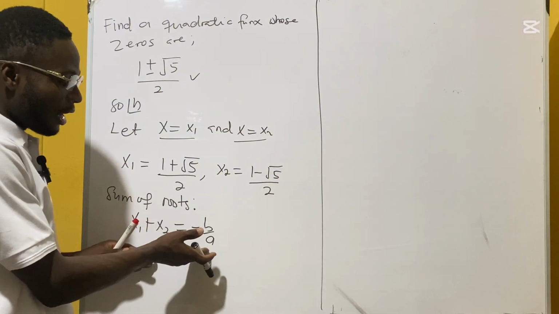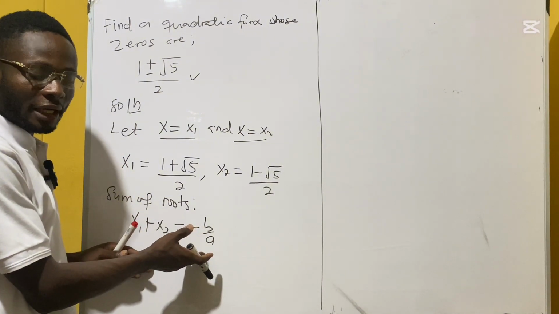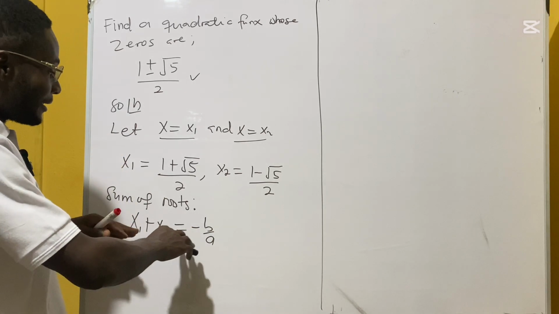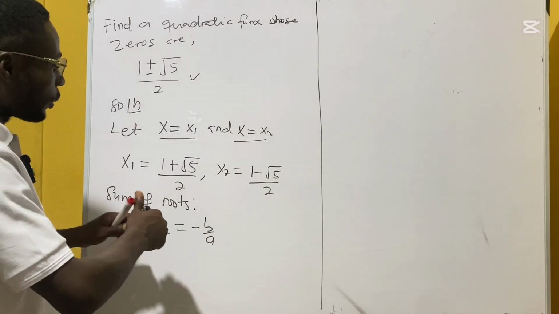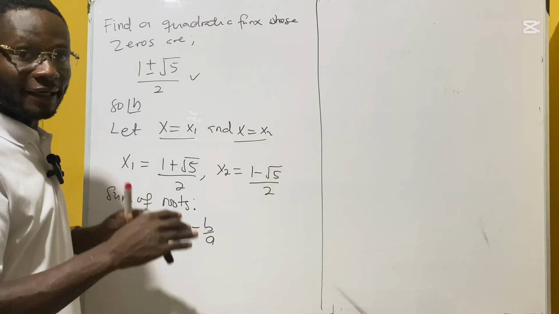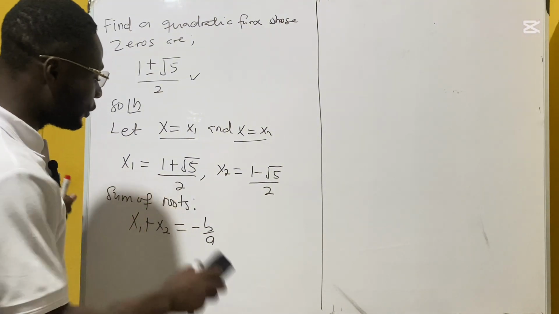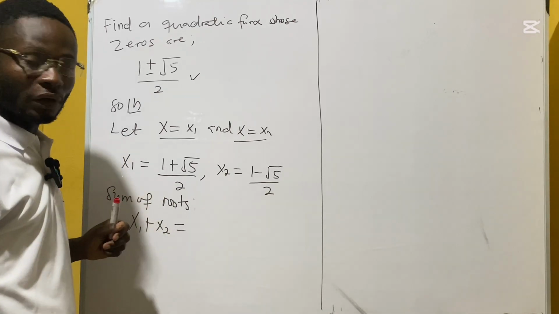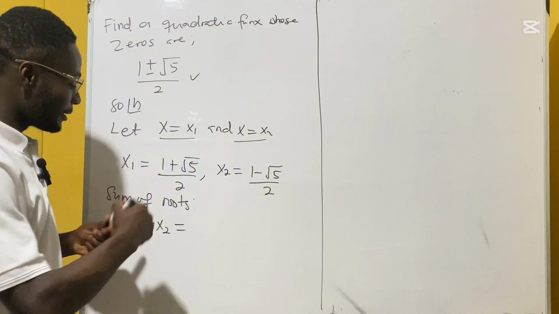Can we have our b and our a here? No. So what do we do? This is just the sum. Here we have been given everything directly, so we don't need b over a. This is how we go by it.